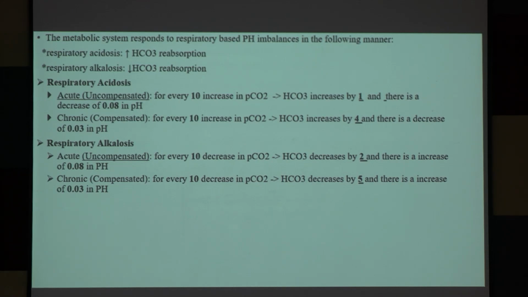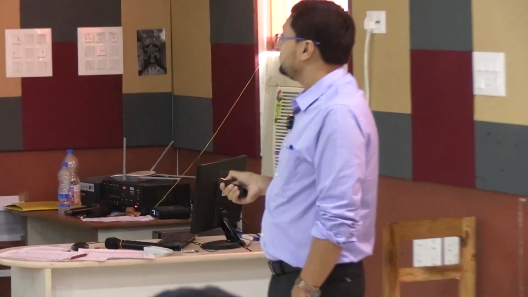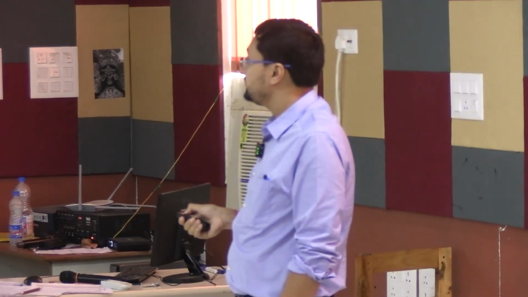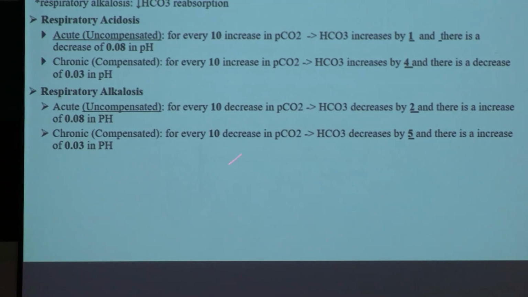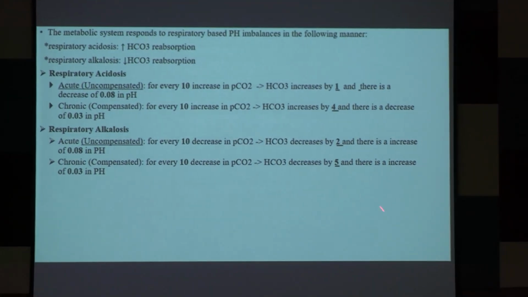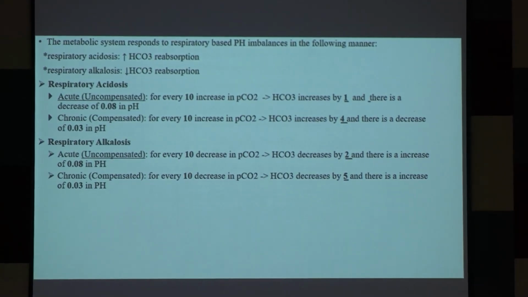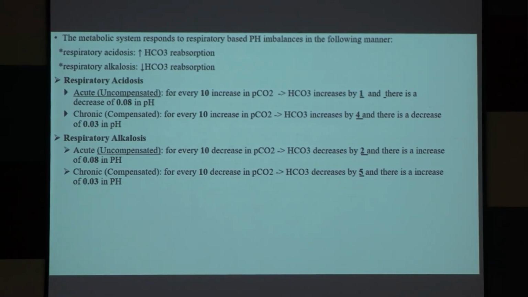There is a rule called the 1 2 3 4 5 rule. 1 is acute respiratory acidosis, acute respiratory alkalosis is 2, and 3 is bicarbonate HCO3. Chronic respiratory acidosis is 4, chronic respiratory alkalosis is 5, right? So the 1 2 3 4 5 rule.